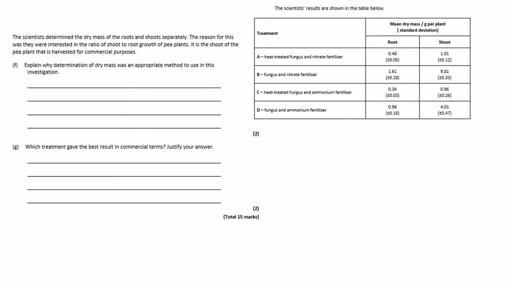In part F of this question, the scientists wanted to determine the dry mass of both the roots and the shoots. It says, explain why determination of dry mass was an appropriate method to use in this investigation.